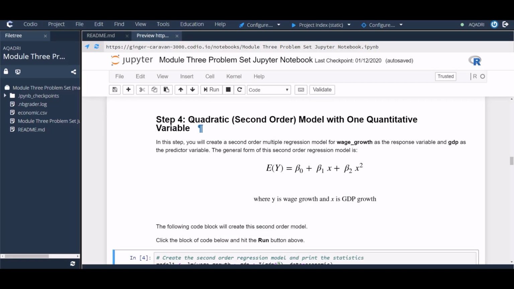So step 4 involves a quadratic model or a second order model with one quantitative variable. Okay, so we're going to start very basic with just one predictor, and we will model the relationship for the wage growth.